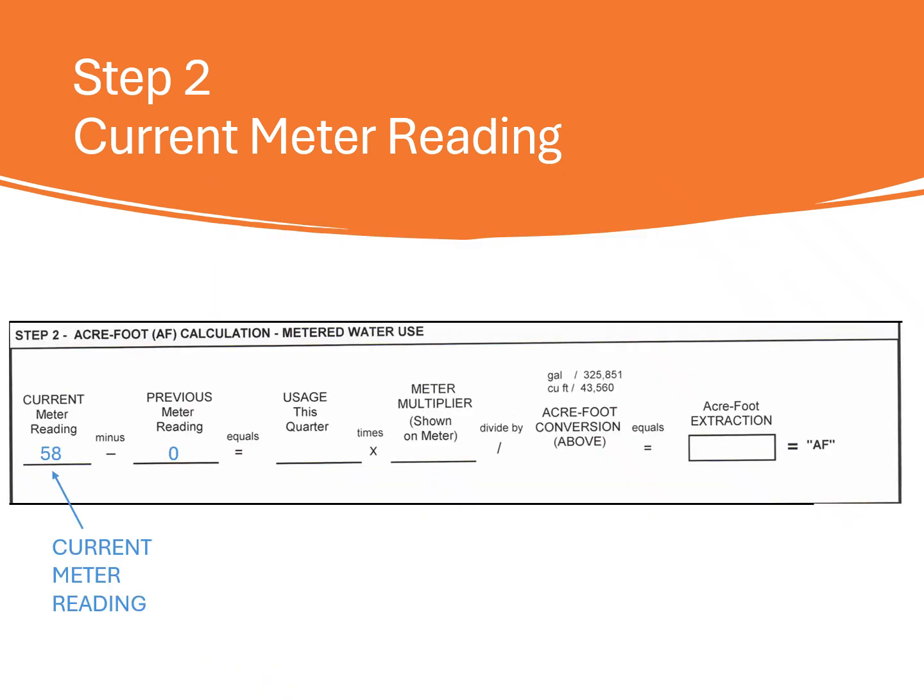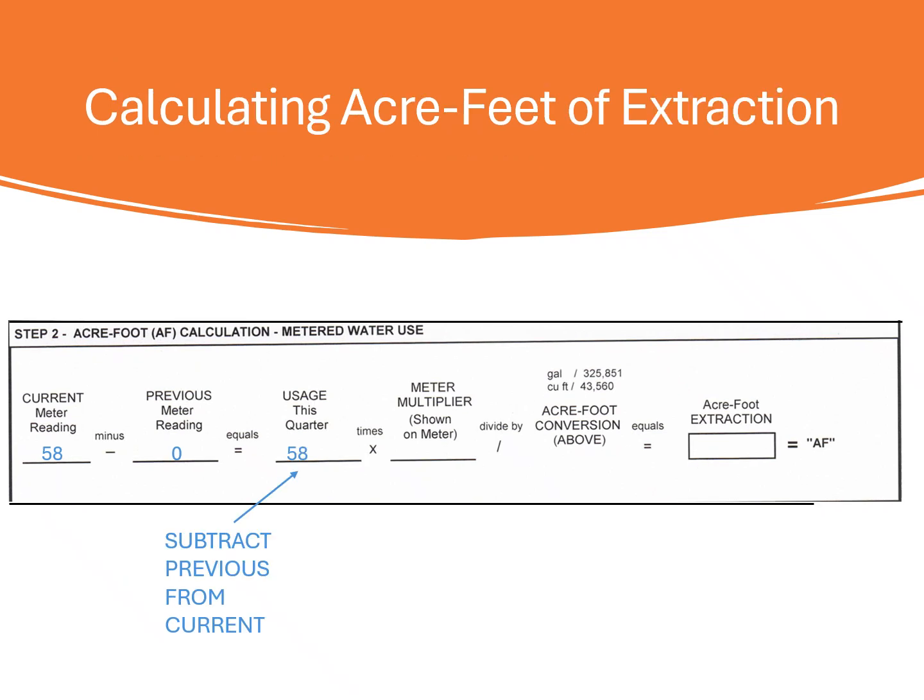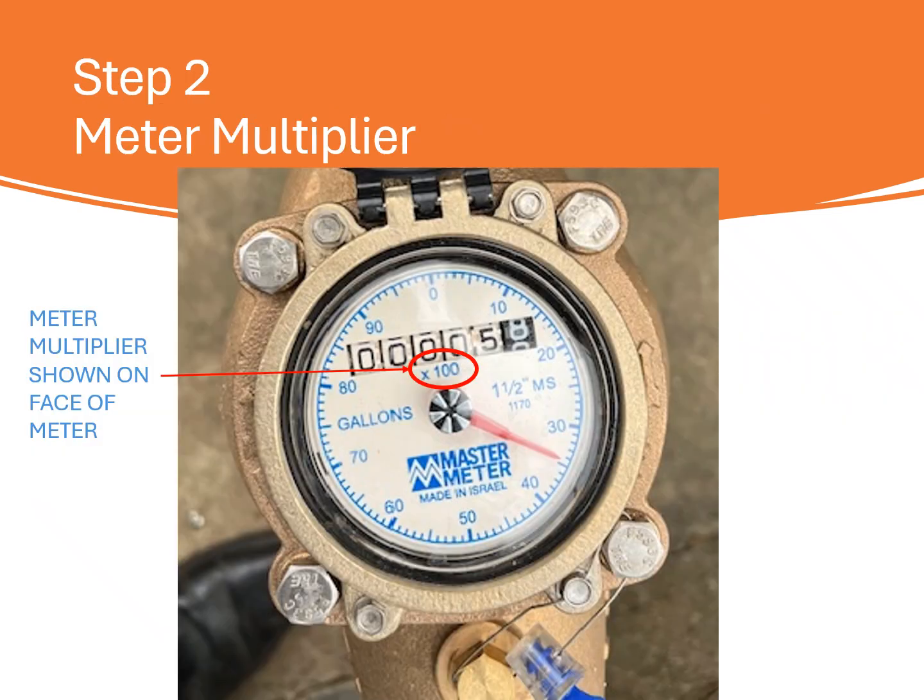Enter 58 in the current meter reading space. The math in this case is easy. 58 minus 0 is 58. For the meter multiplier, we will look at the meter face again and see that the meter multiplier is 100.